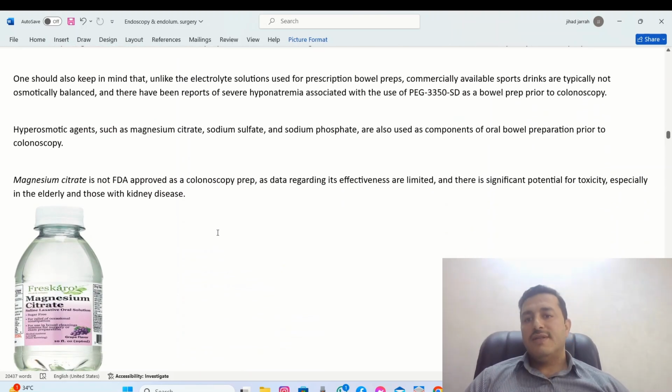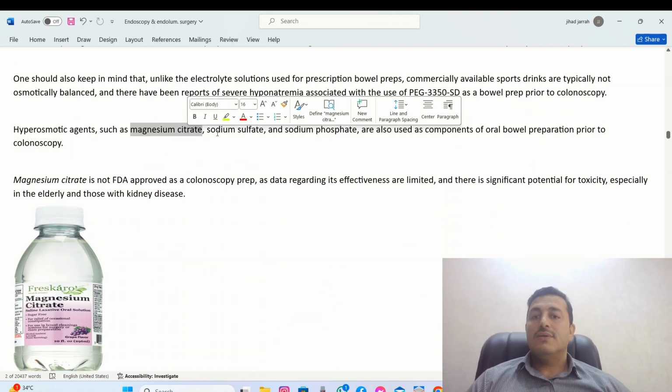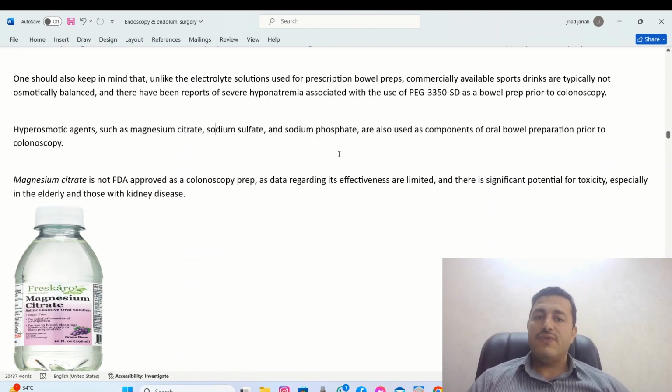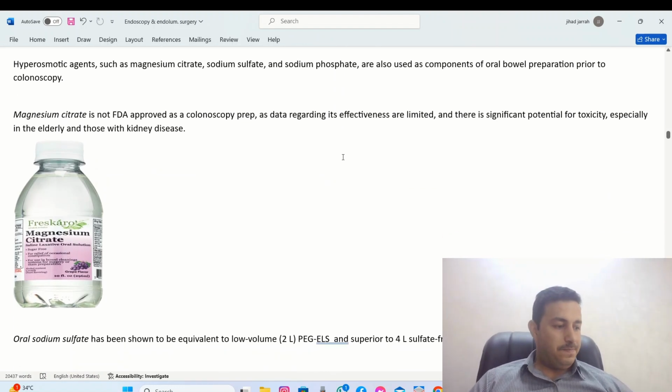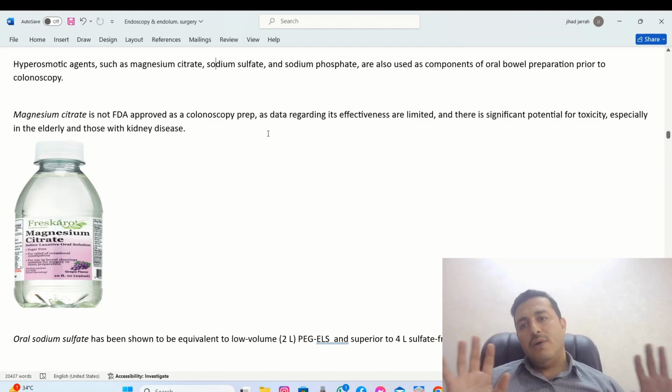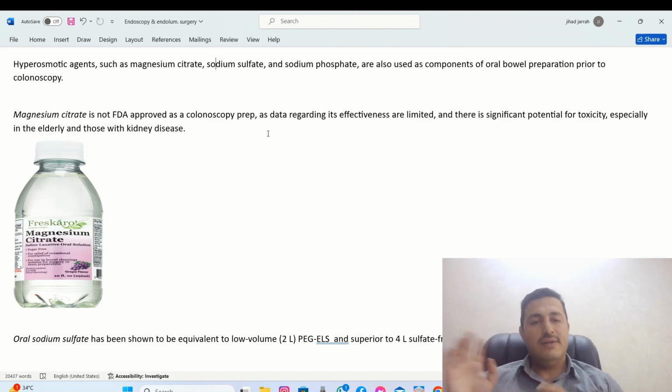The hyperosmolar agents are the electrolyte-associated ones, such as magnesium citrate, sodium sulfate, sodium phosphate, etc. If we are talking about magnesium, actually most of the hyperosmolar agents are relatively contraindicated or used with caution in patients who are elderly, who have G6PD deficiency, or who have renal disease, so be careful.